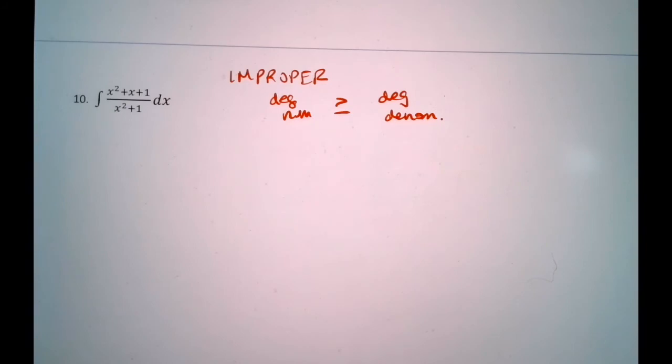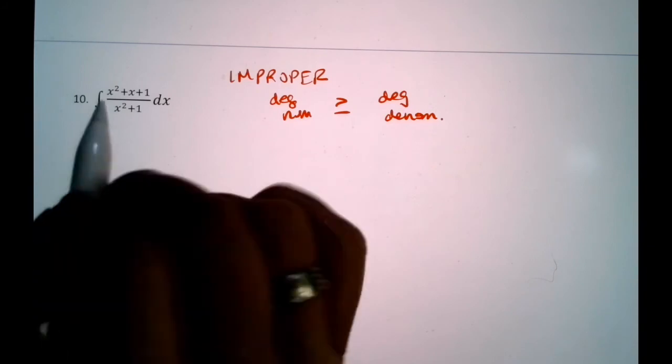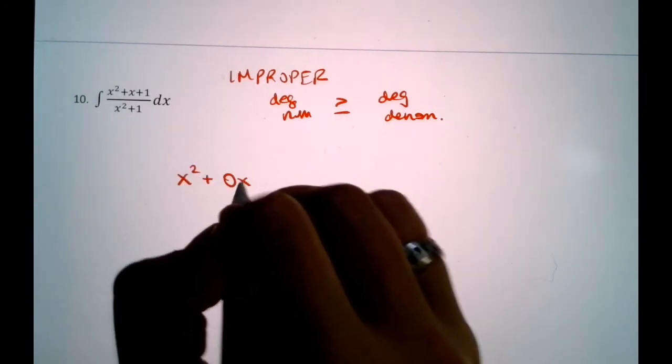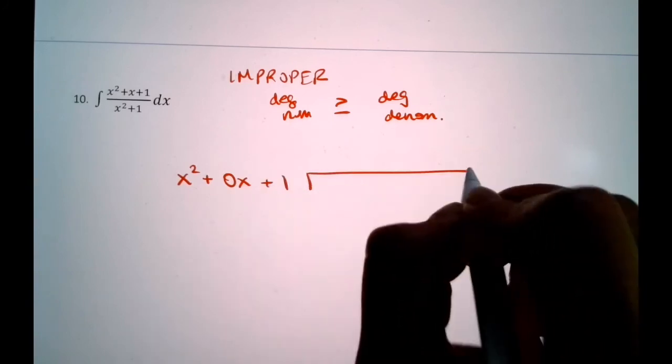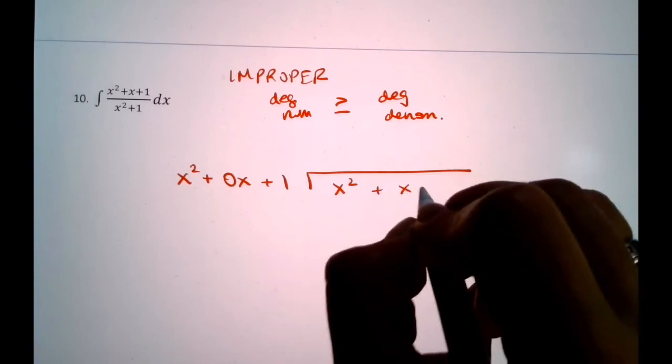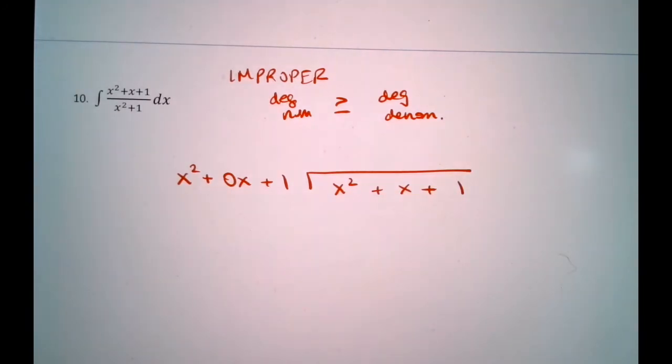Now remember, what you're dividing by goes on the outside. I'm going to put a 0x there, just as a placeholder, and the numerator goes inside. I like to space it out and see what happens. Okay.